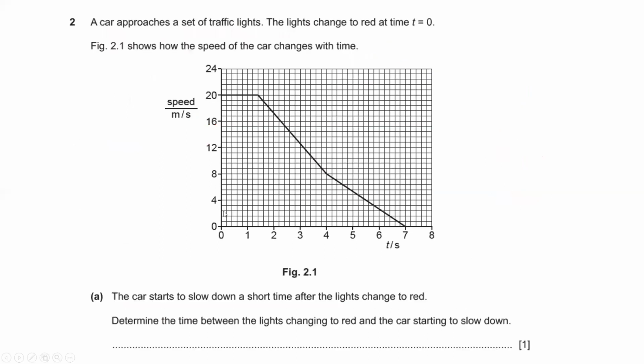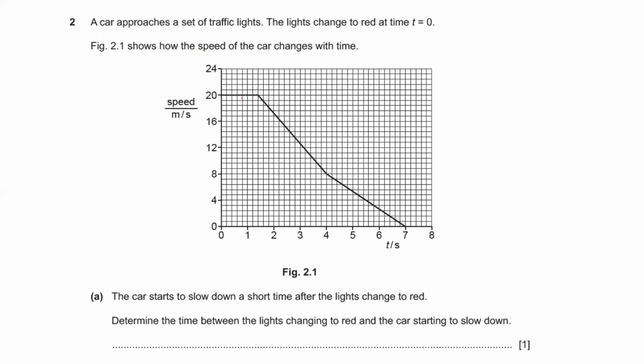So moving ahead, in question number 2, it says a car approaches traffic lights. The lights change to red at time t equals 0. Figure 2.1 shows how the speed of the car changes with time.